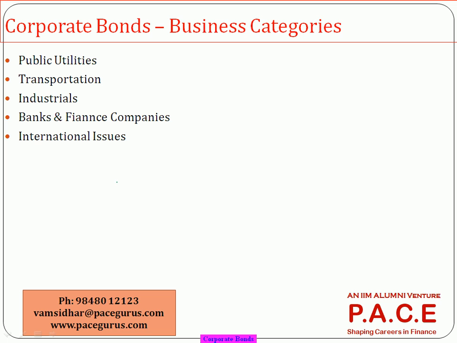Industrial bonds, which are more for a typical growth, right? An L&T may issue a bond typically for the growth of its business. These kind of bonds are typically categorized as industrial, or sometimes bank and finance companies. Probably a Muthoot Finance can come out with a bond issue which will finance its expansion plan.